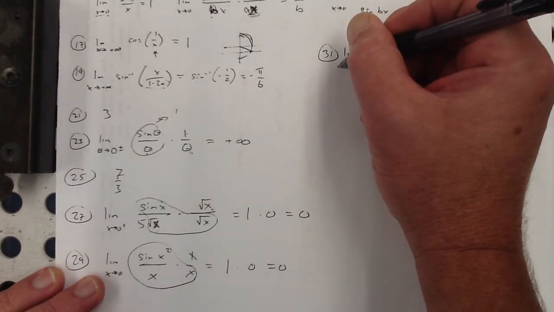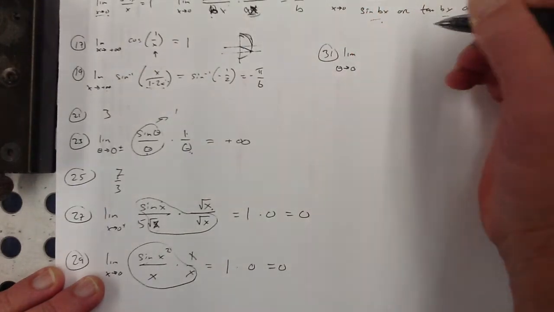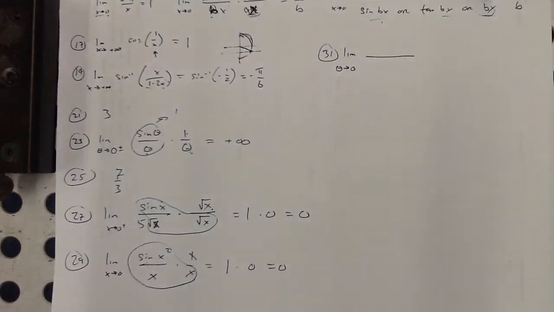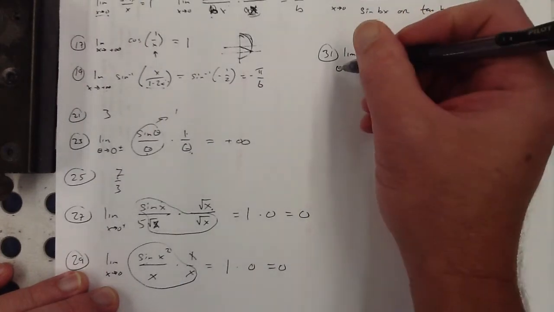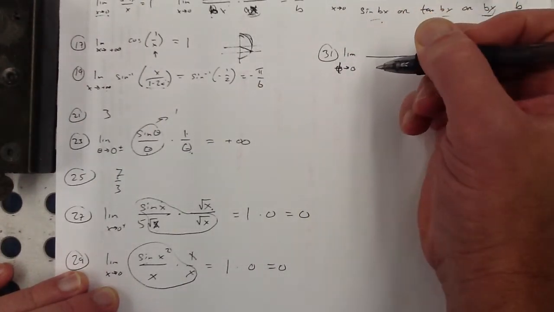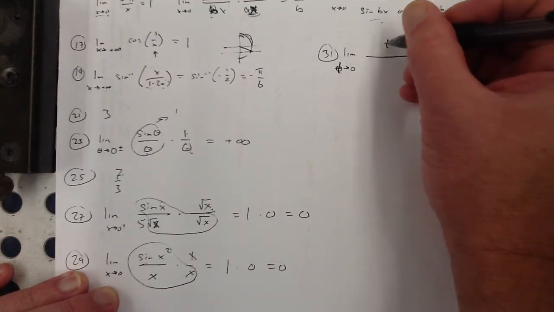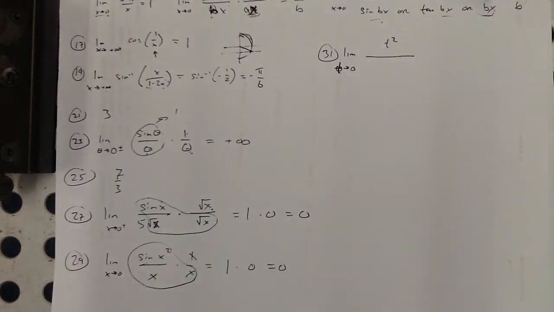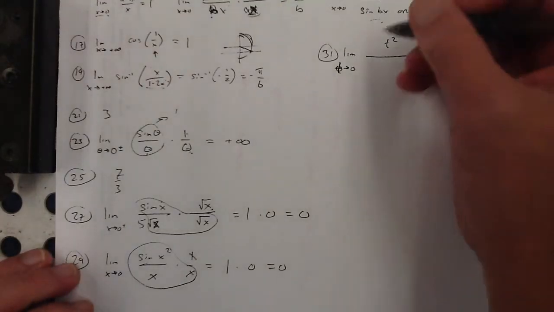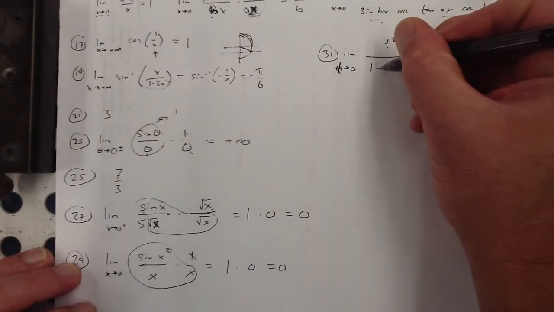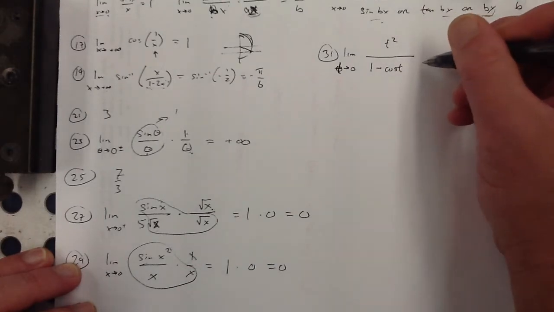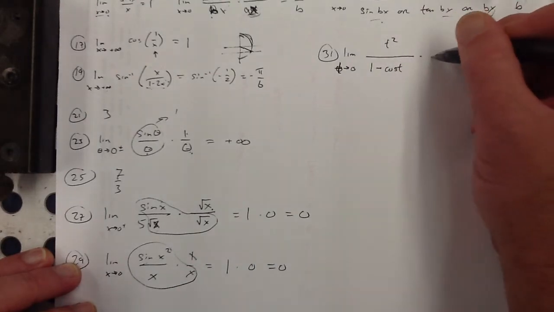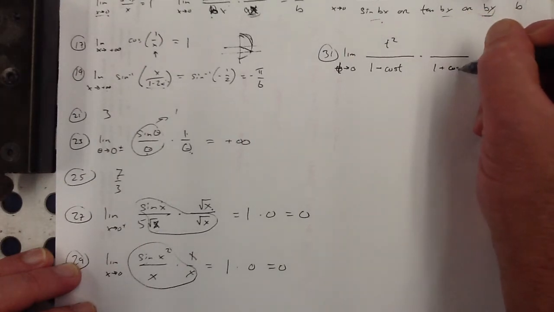Limit as theta approaches 0. So I got theta squared, sorry, oh no, this is t, I was looking at 33. T approaches 0, so I got a t squared on the top and 1 minus cosine squared t on the bottom. I'm going to factor that. That's 1 minus cosine t times 1 plus cosine t.